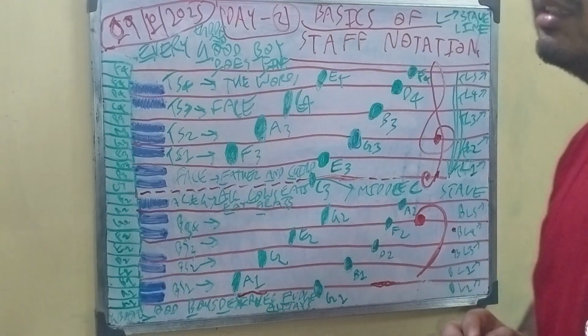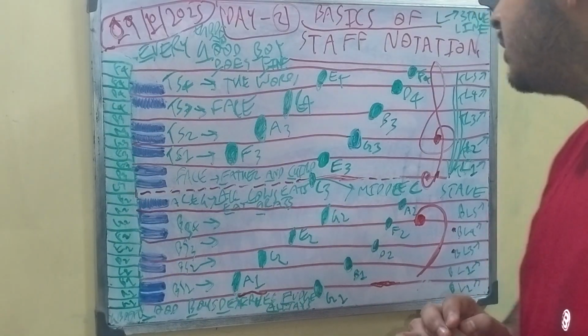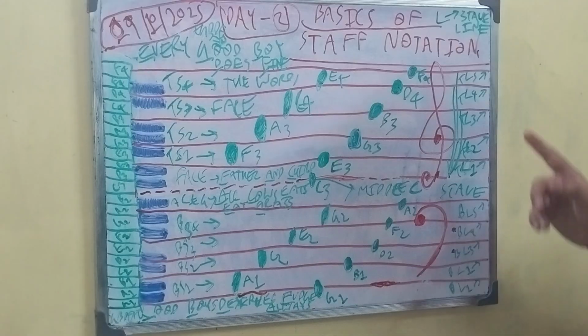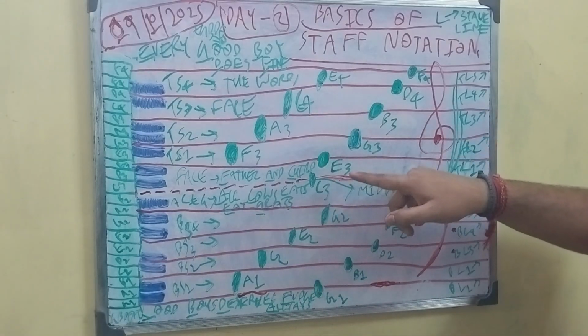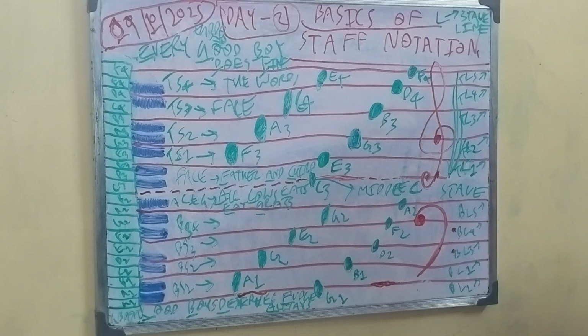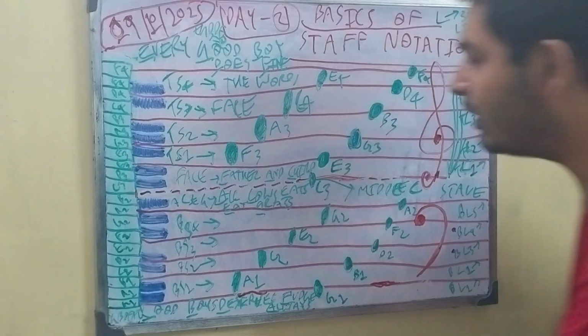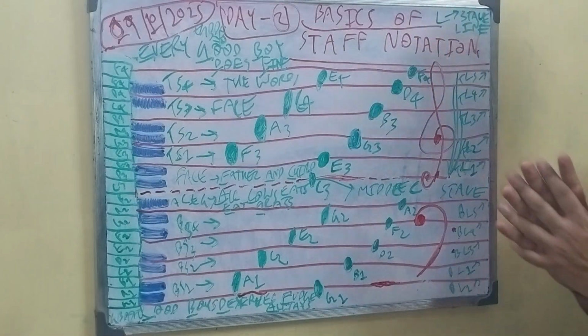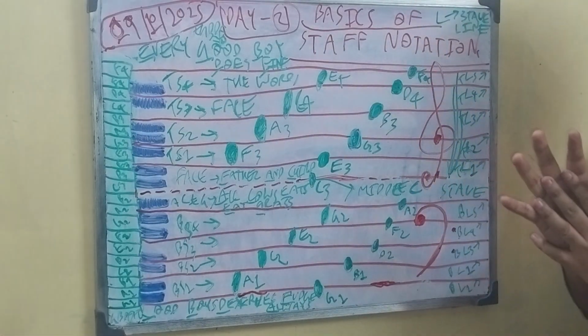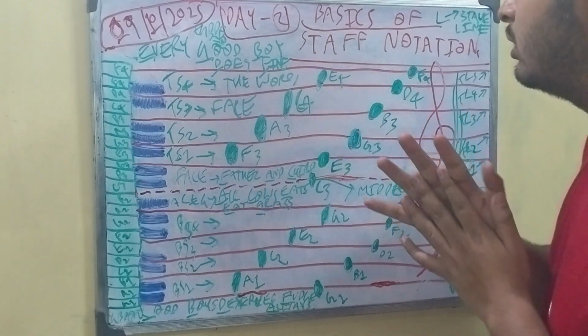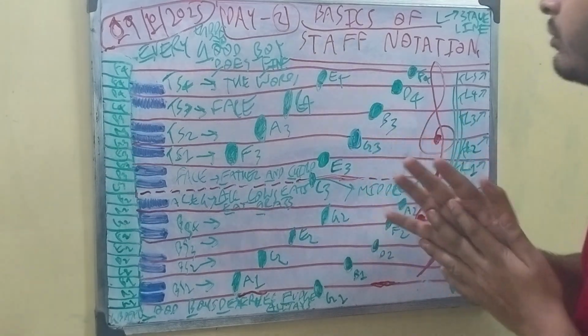Treble space, treble line, bass space, bass line. So notes on the treble lines are E, G, B, D, F, and with the octave number E3, G3, B3, D3, F3. Every good boy deserves fudge, or every good boy does fine.